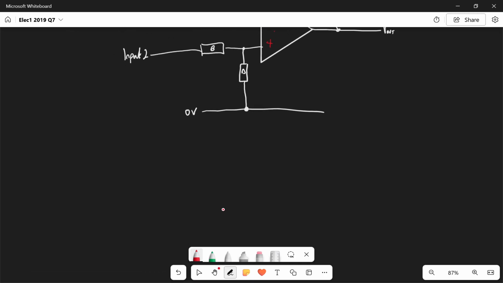And we can use the inverting gain calculation because we know that gain is equal to Vout over Vin, and because this is inverting we've got to put a minus there, and what that means is that we're going to have minus 9 over minus 0.3, and that gives us a gain of 30.